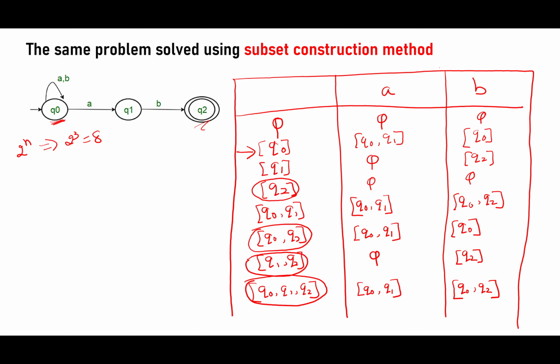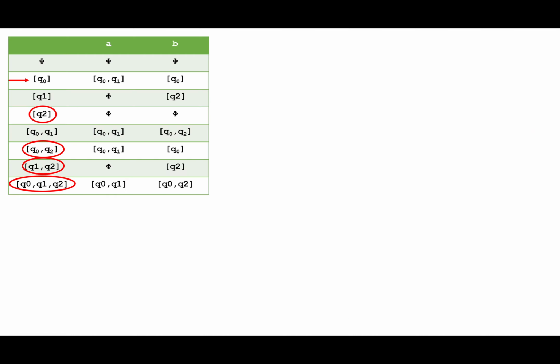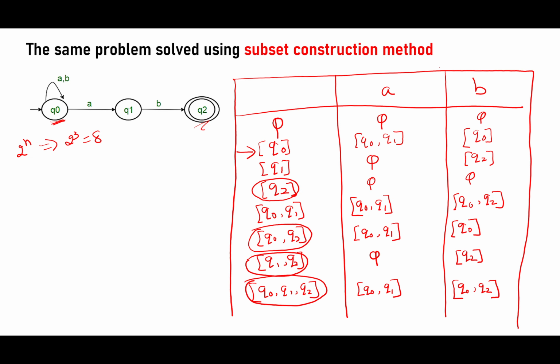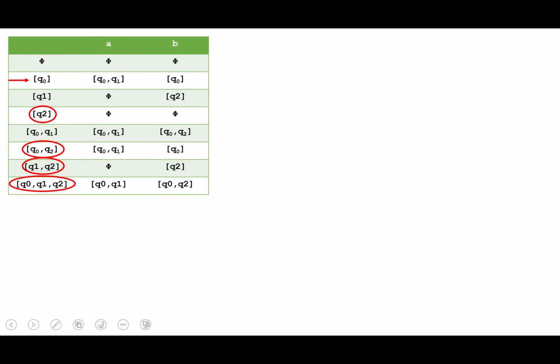Then next, we are going to construct the transition diagram. This is the same table we have seen; for reference I have taken it there. We will start from the initial state. Q naught is the initial state.